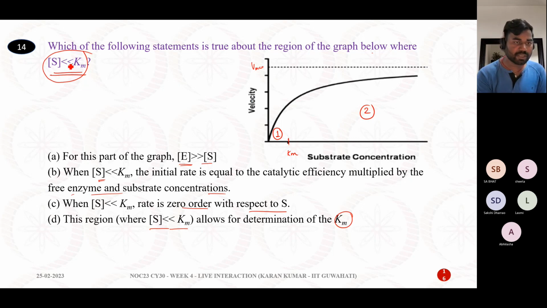Substrate concentration is much lower than the Km. First part or second part? First part. So in the first part, is this reaction velocity first order or zero order?